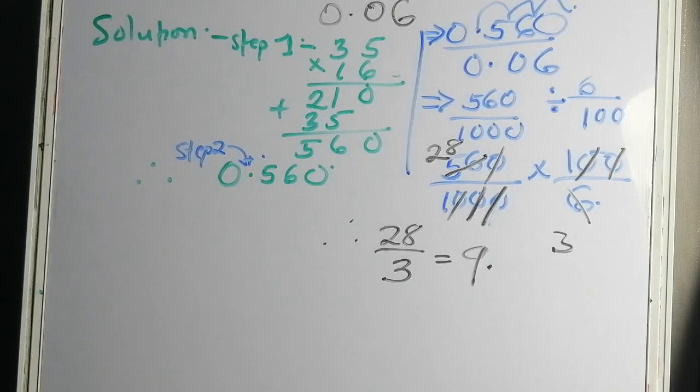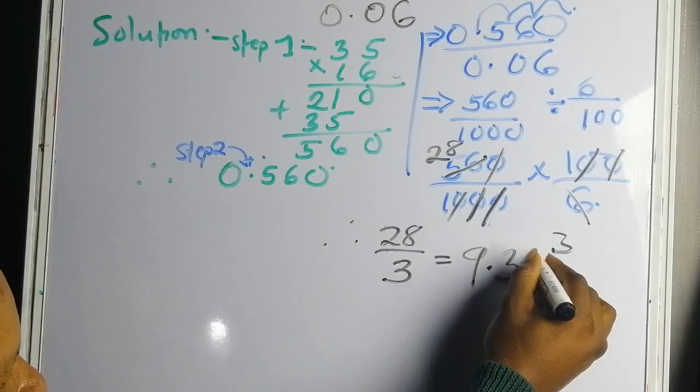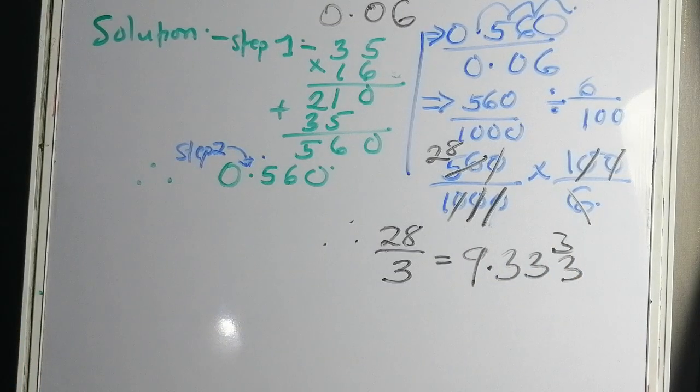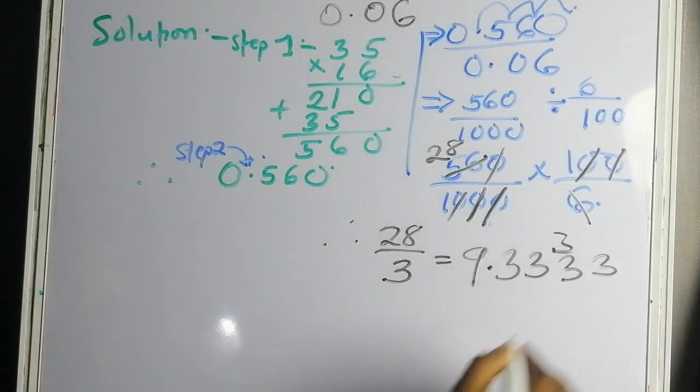It will remain 1. 3 cannot go in 1, so you add 0 to it, and you will get 9.333, like that. That is the answer you'll be getting.